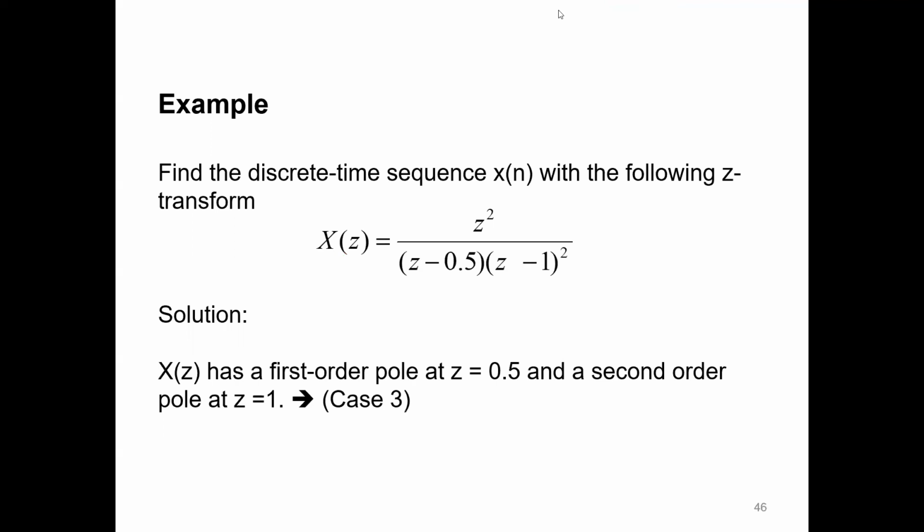Now, let us also work out a little example on the repeating poles case. Again, through an example, find the discrete time sequence x[n] with the following z-transform. So you are given the z-transform of the solution, but we don't know what it is. We have to bring it back to the time domain. This is the process we follow.